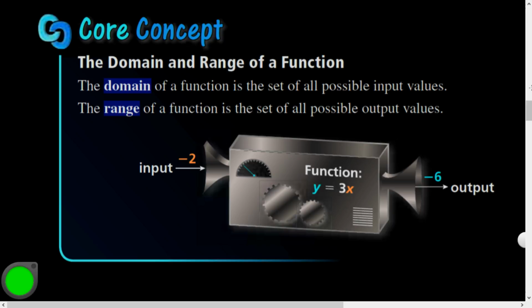All right, and so the domain and range of a function is the set of all possible things I could put inside of the function. So the domain is everything that could go inside, and the range is everything that could ever come out. That is domain and range.